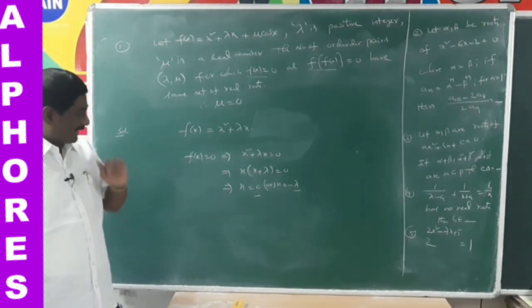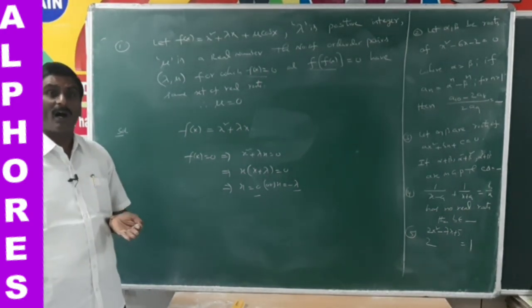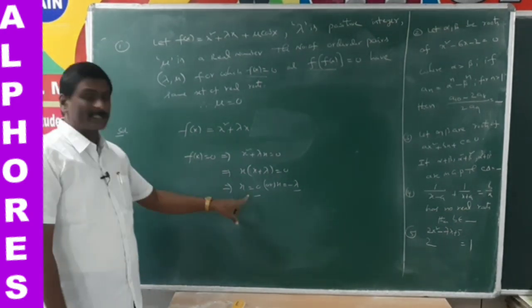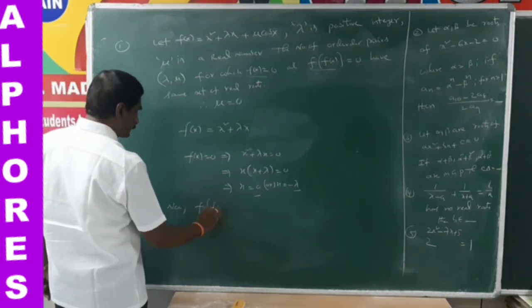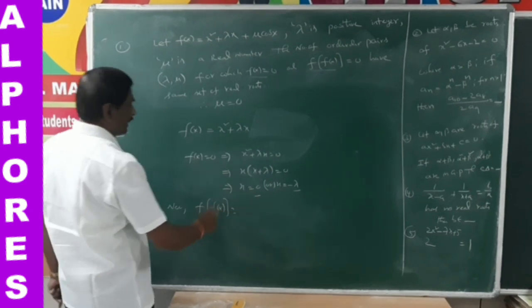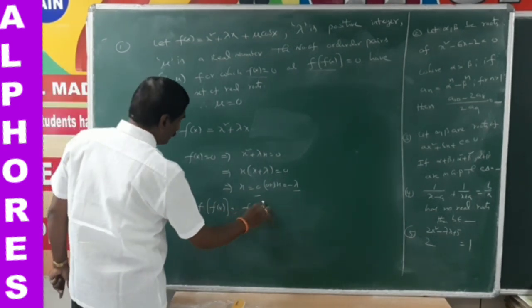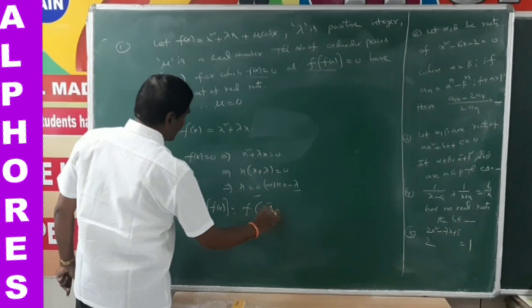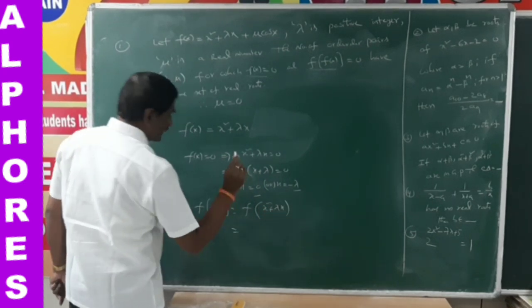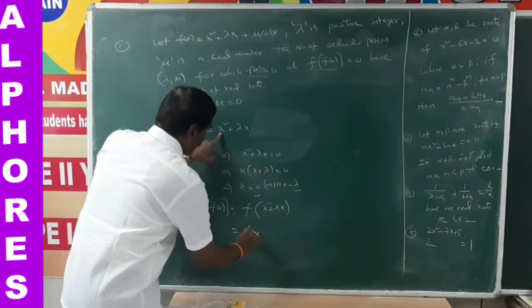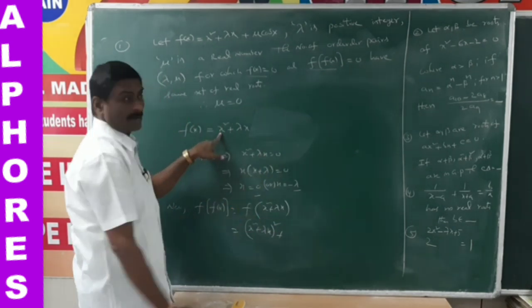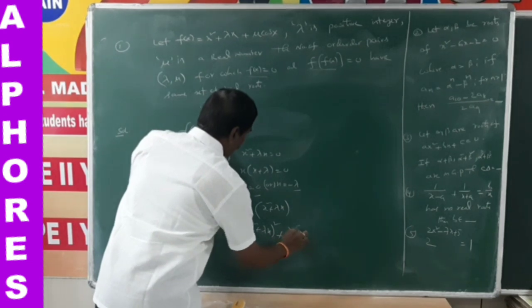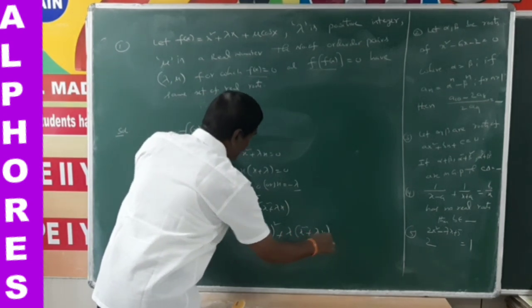Next, f(f(x)) = 0 should also have the same roots. Now f(f(x)) = (x² + λx)² + λ(x² + λx).